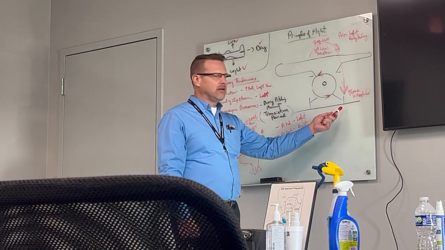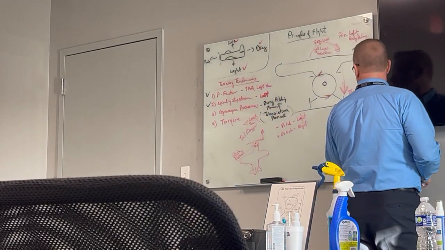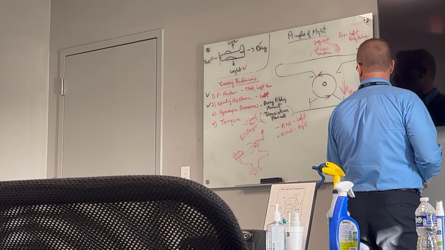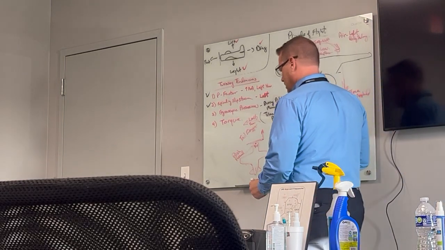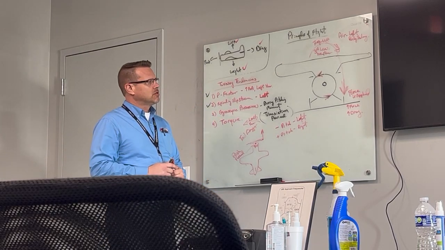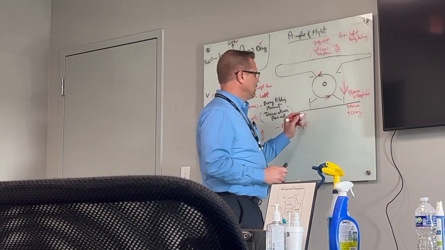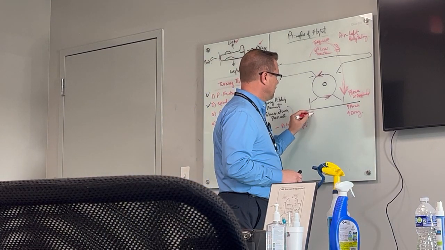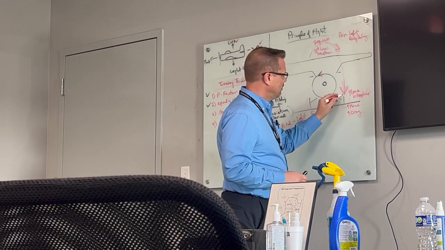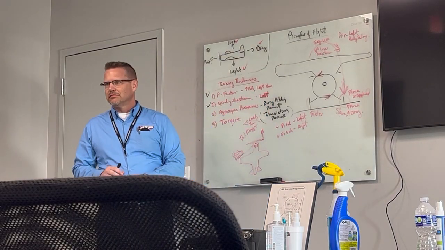So we're going to have an increased force on this tire, which is going to increase drag, because it's being pushed harder into the pavement. So if I increase the drag, that means this wheel is going to want to spin slower, and this one's going to spin faster, right?